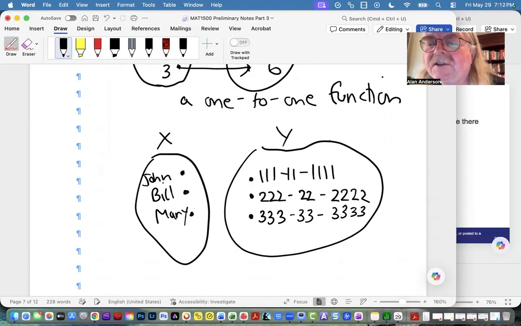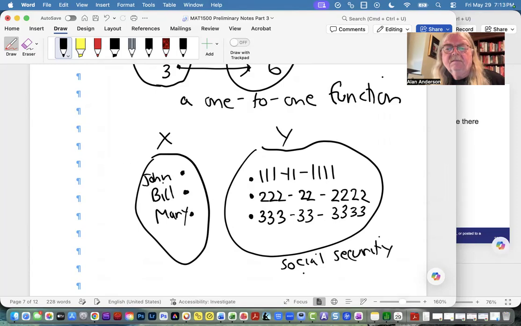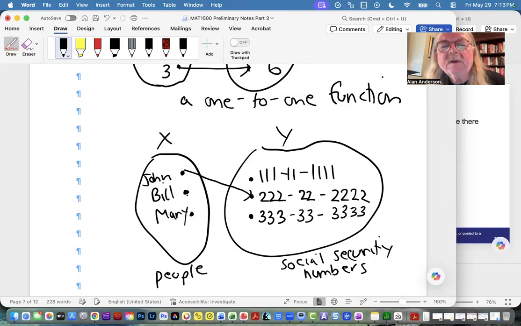Well, these are obviously social security numbers. And these are obviously, well, we'll call them people, I guess, citizens, people. And naturally enough, even though John and Bill are twins, they can't have the same social security number.